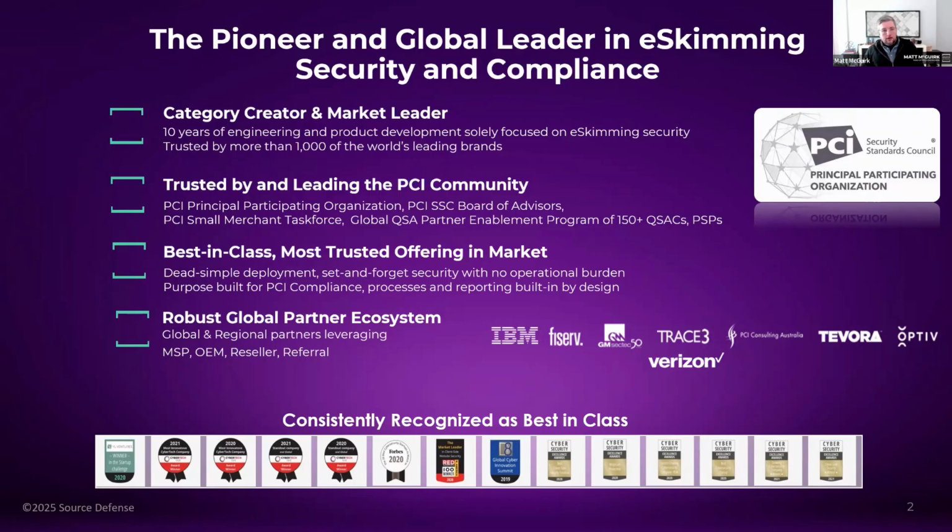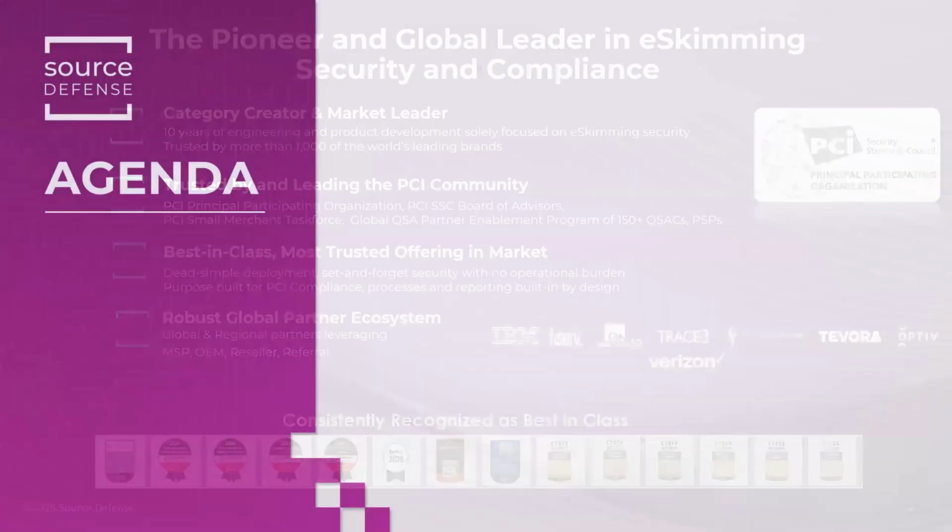In terms of format and an agenda, if anyone would like to ask questions, feel free to do so. I will be keeping an eye on the Q&A function here in Zoom, and I'll try to handle those as we go or towards the end, depending on the content of the question. I have this structured in 3 segments, or 3 acts, if you will.